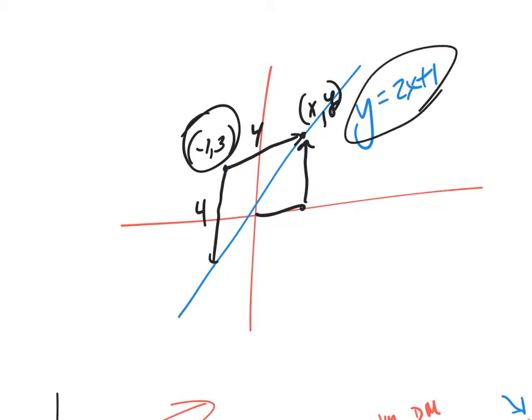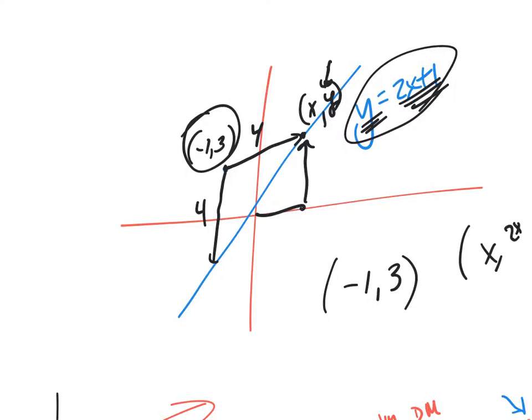Do you get that I can replace that Y with 2x plus 1? That's a weird substitution, but it says so right here. Y is 2x plus 1. So couldn't I put in, instead of Y, 2x plus 1? Yeah, I can. So then my points really are -1, 3, and x and 2x plus 1.